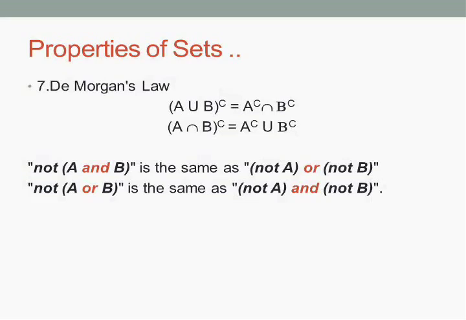The rule can be expressed in English as the negation of a conjunction is the disjunction of the negations, or informally as not (A and B) is the same as not A or not B. So (A union B) complement is A complement intersection B complement. That is, everything not in A or B is the same as everything that is not in A and not in B.